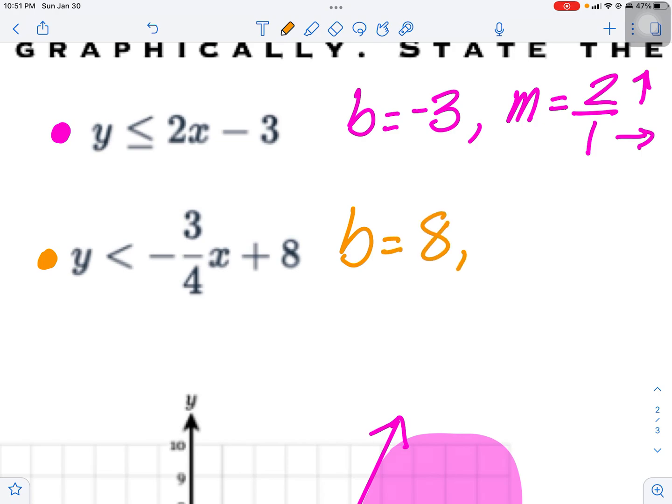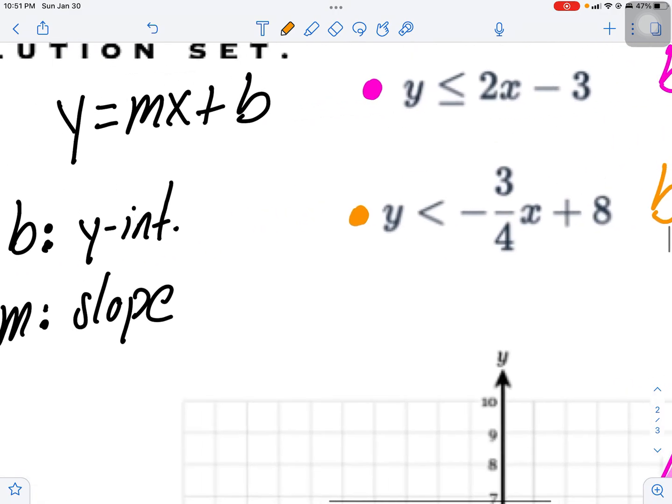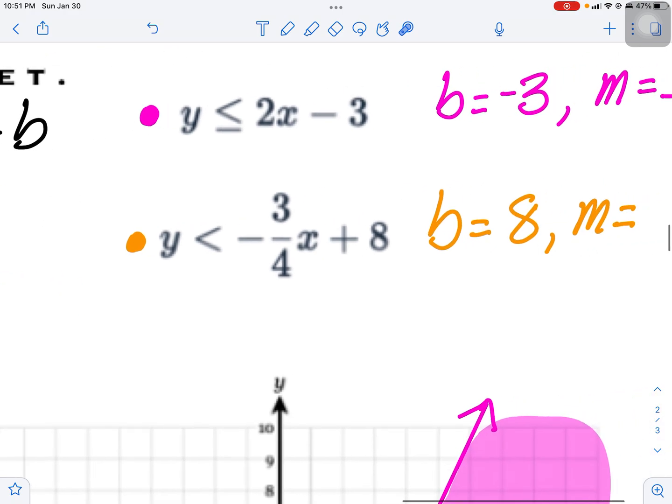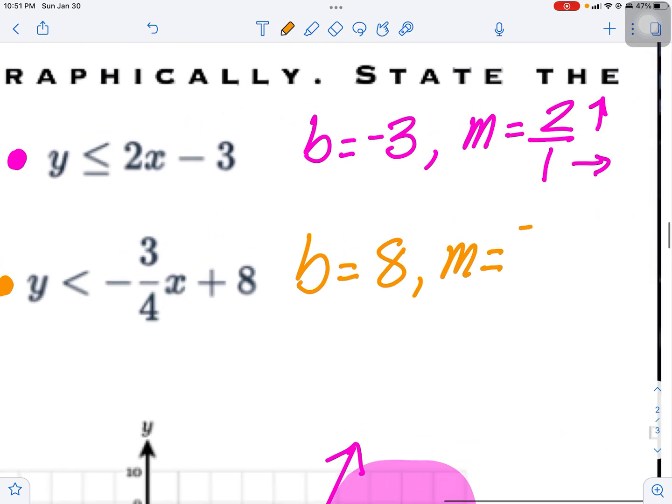Our y-intercept. Let us find our slope, or our m, which is the number right before x, which is negative 3 over 4. So negative 3 over 4. Negative 3 means down 3 and over 4.